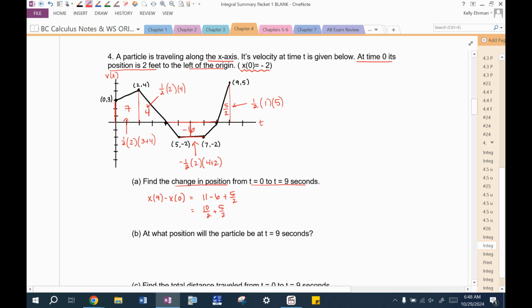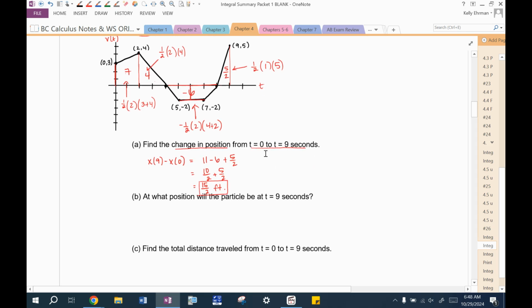So I'm getting 15/2. And I always want to label everything. We are measuring distance in feet. So there's a change of 15/2 or 7.5 feet for your change in position. And remember, all that means is the particle at 9 seconds is 7.5 feet to the right of where it started.